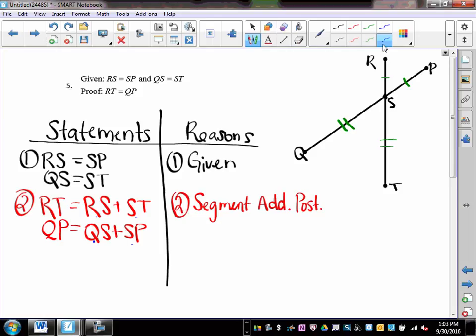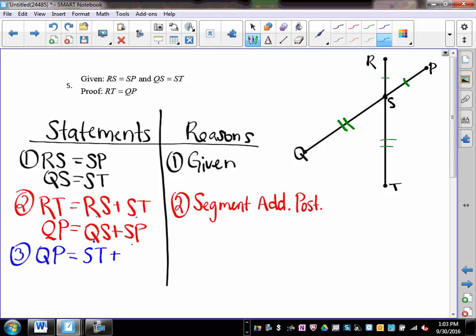What do you want to change, RT or QP? QP. I heard QP loudest, so I'm gonna go with that. All right. So instead of QS, let's put in ST. So see that QS is ST, so we're substituting that in.